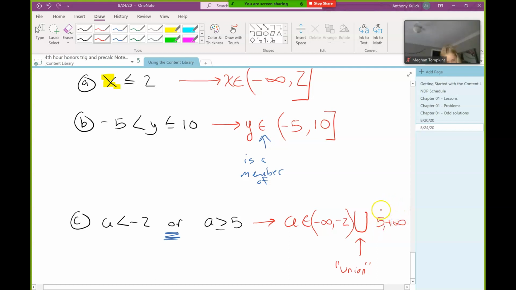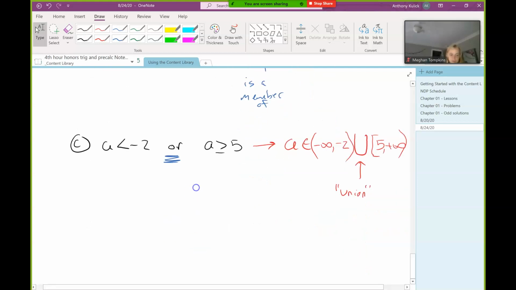Very good. The 5 gets a bracket, and the infinity gets the parenthesis. Is everybody okay there? So again, no big deal. You just have to remember that union symbol goes in between. You just treat the two inequalities as two separate intervals. Not too bad. Okay with that?